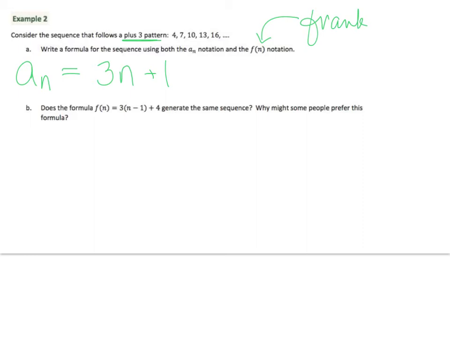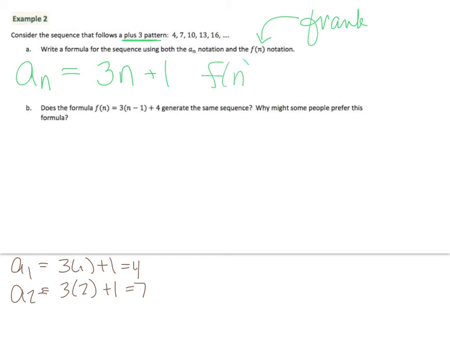And I always just test out a few when I do that. So a sub 1 is going to be 3 times 1 plus 1 equals 4. A sub 2 is 3 times 2, which is 6, plus 1 is 7. It seems to be working. I always test them out. I don't know why. And then we can do the function notation. It is 3n plus 1. Both of them start with n equals 1.